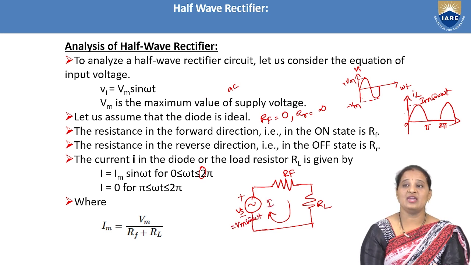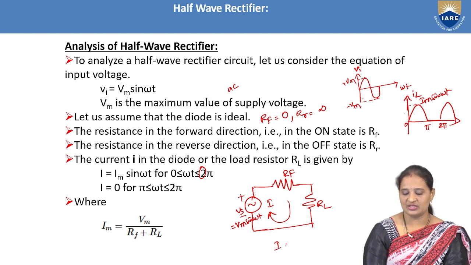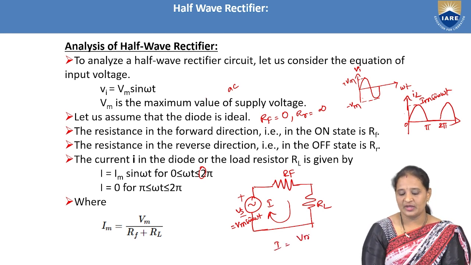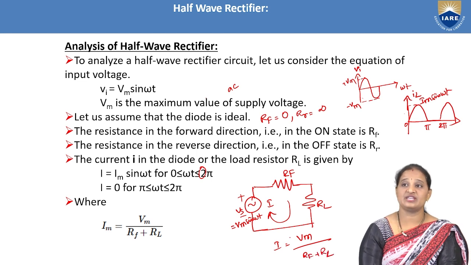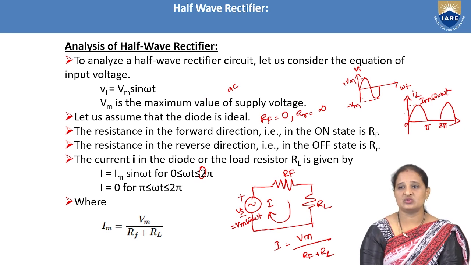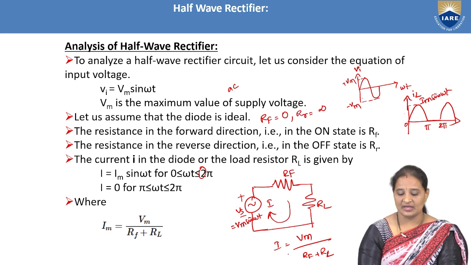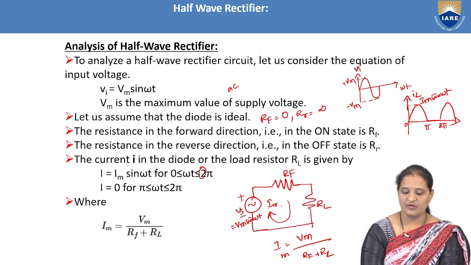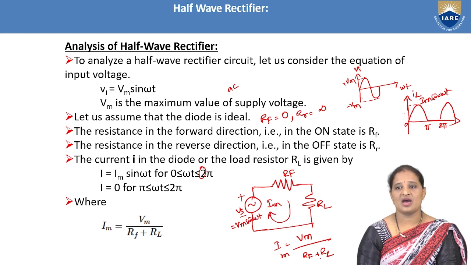And the current I can be given by I is equal to Vm divided by Rf plus Rl. That is input voltage divided by total resistance. Why is this total resistance considered as Rf plus Rl? Because these two are connected in series. So Im is equal to Vm divided by Rf plus Rl.